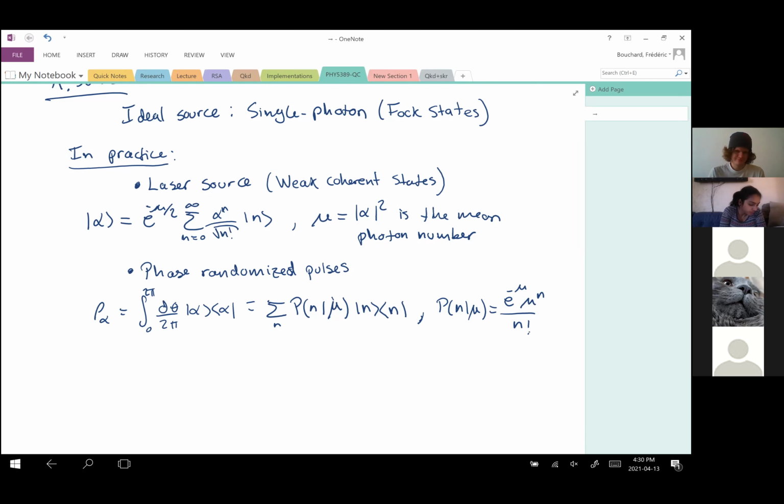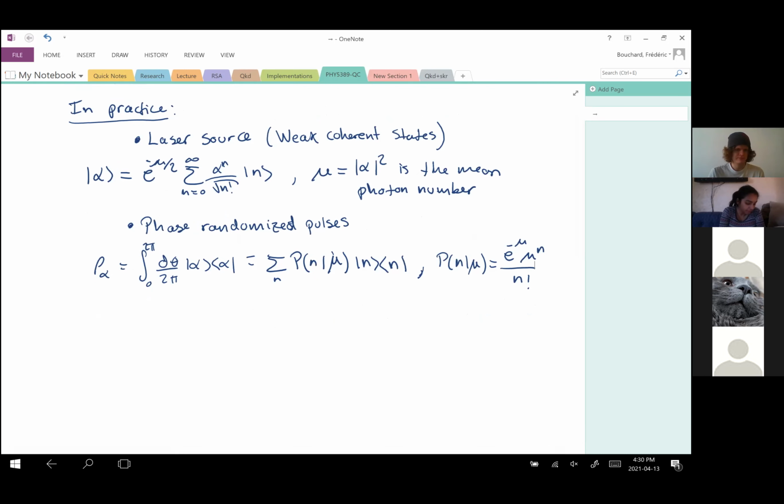But if you use something like a better laser, like a Ti:sapphire laser or any kind of oscillator where there is a phase relation, in QKD you would actually want to add a phase modulator that randomizes the relative phase between the different pulses. Okay, so those are two types of source.